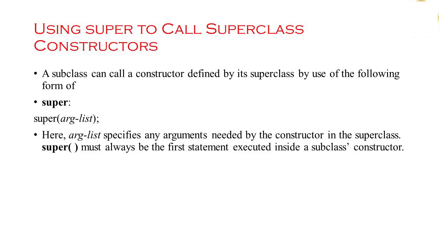Using super to call superclass constructors. A subclass can call a constructor defined by its superclass by use of the following form. The syntax has been given. Here arglist specifies any arguments needed by the constructor in the superclass. Super must always be the first statement executed inside a subclass constructor.